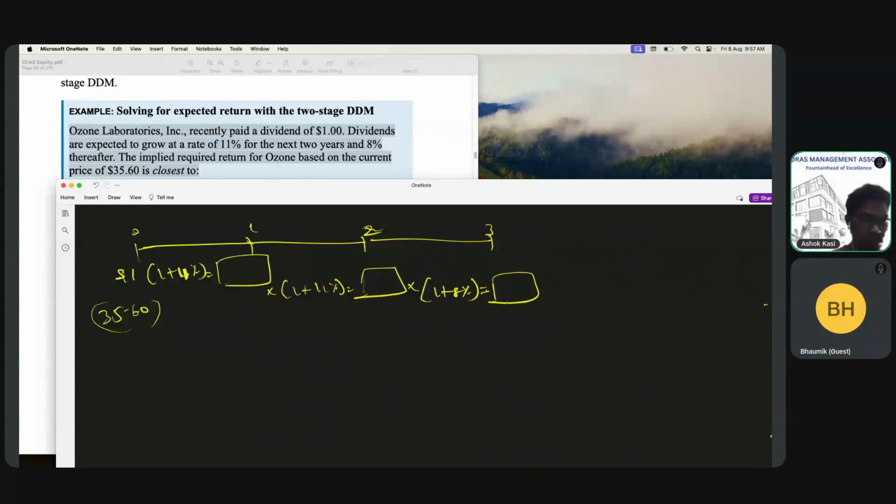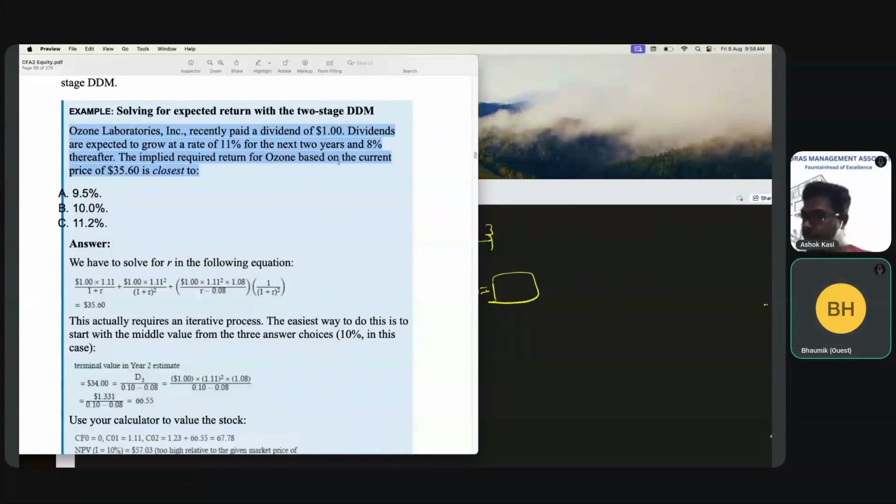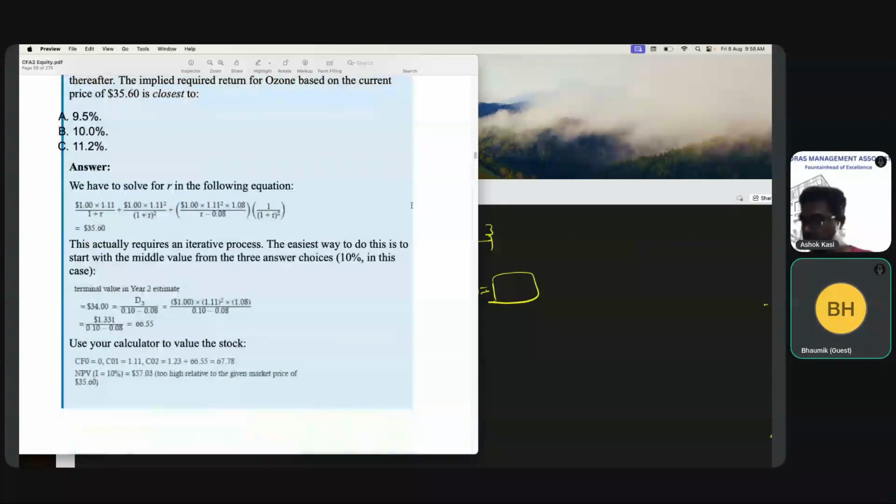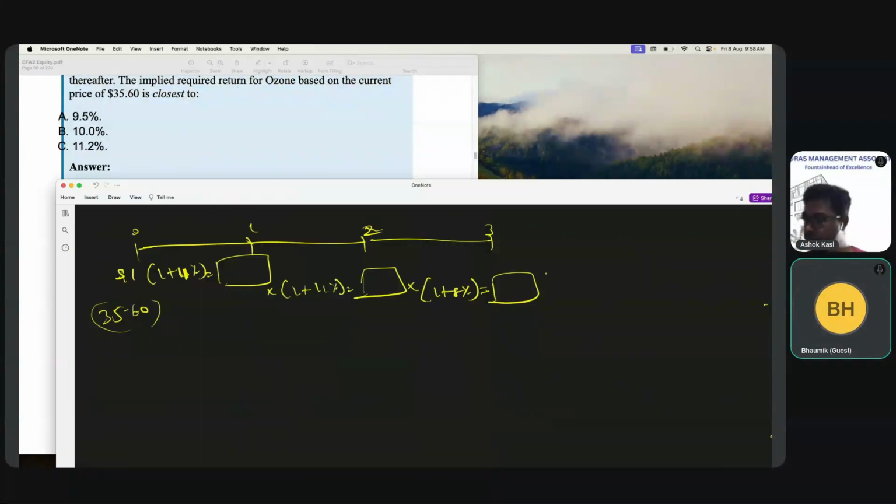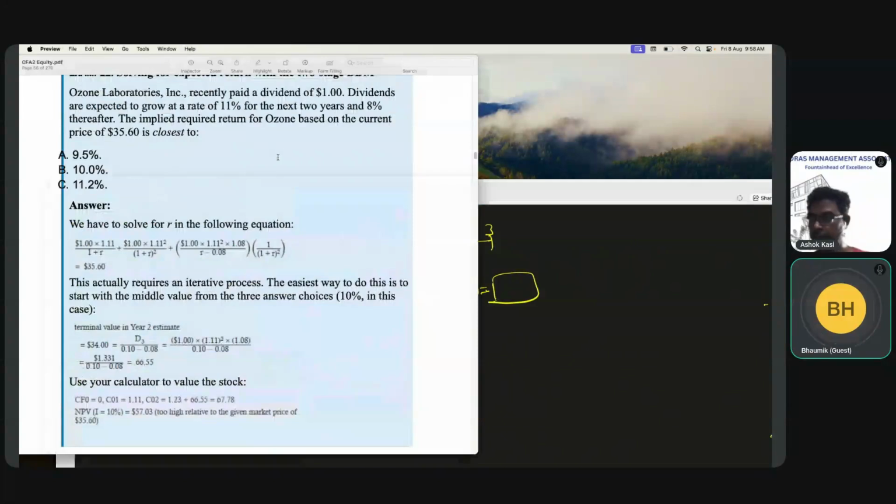Sir, I'm getting minus 5.96. How can the required return be minus? Okay, what is this value? Wait, sir. I'll do it again, sir.